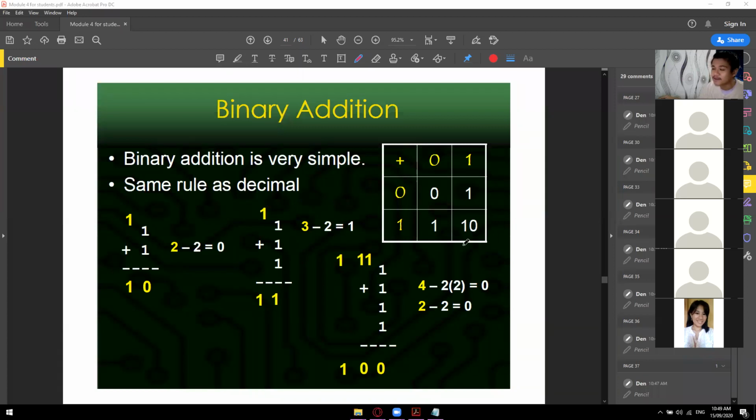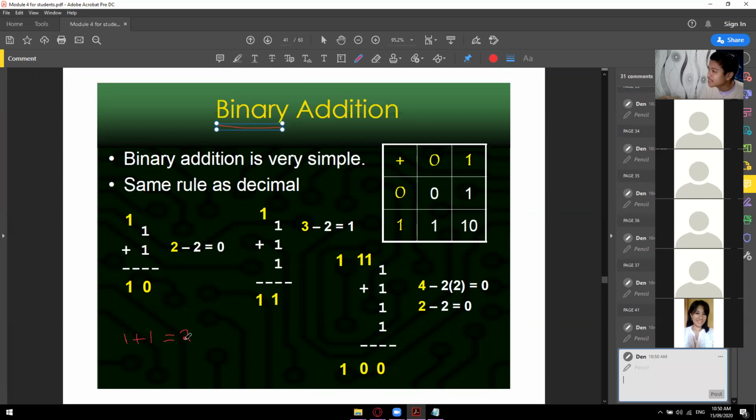So bakit or paano nangyari yon? Kasi nga, di ba, 1 plus 1 is equal to 2. Tama ba? Ito yung normal way, ito yung common mathematics. Pero ang pinag-uusapan natin is binary.